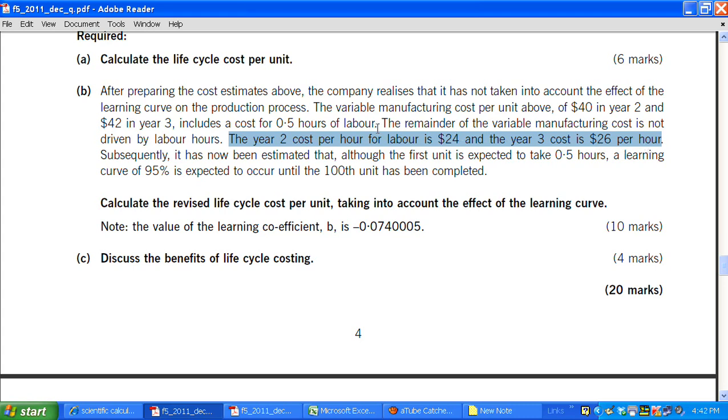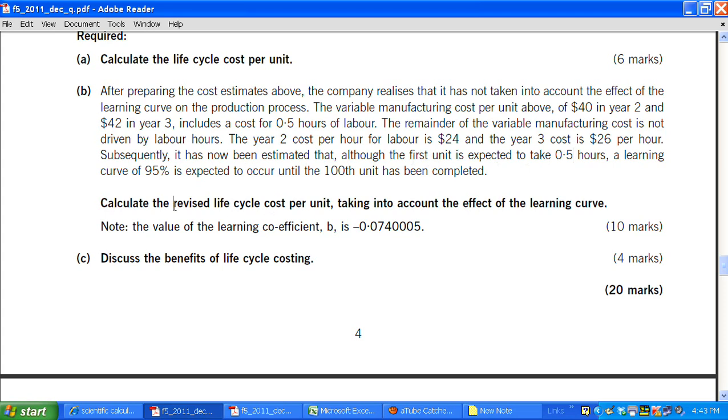So that unit cost includes a cost of 0.5 hours of labor. So the initial cost allocated for labor would be 0.4 by 24 in year 2, and 0.5 by 26 in year 3, of course multiplied by the number of units.